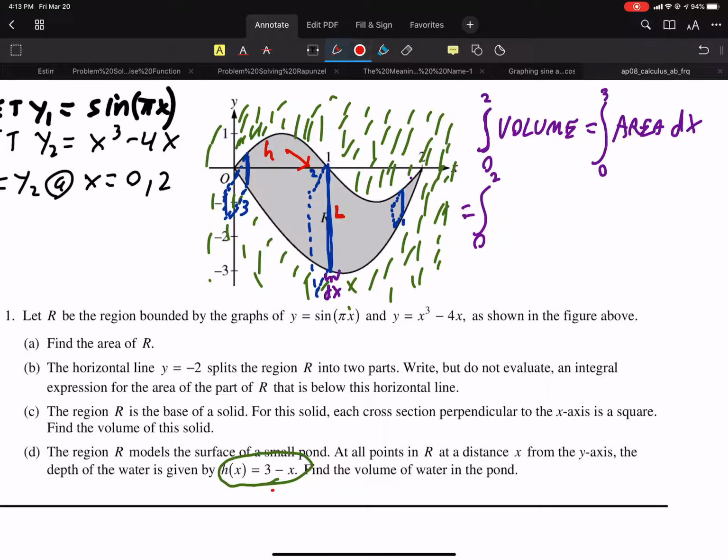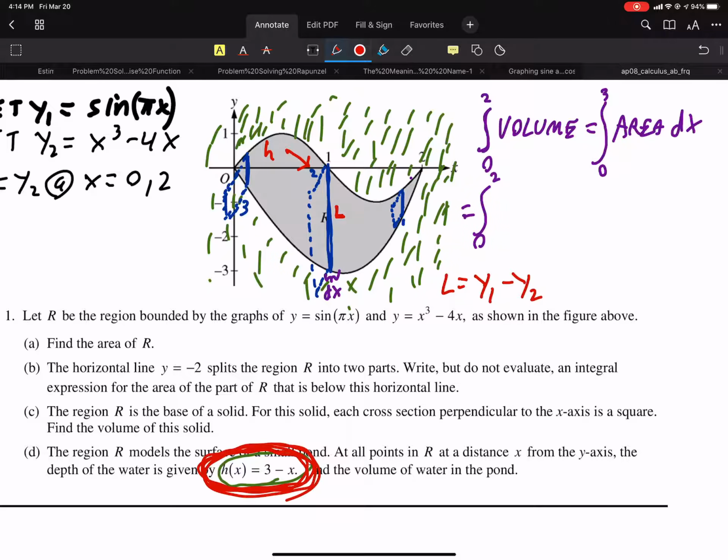It's H down here. So the area of that rectangle is going to be that length times that height. The height of the rectangle, which is the depth of the water, is H down there. So we're done with H. We just need L, but we did L in part 1. That's the big Y, which is the sine function y1, minus the smaller y, which is y2.